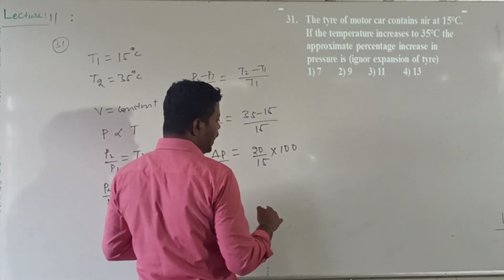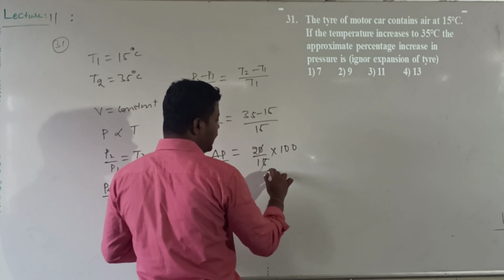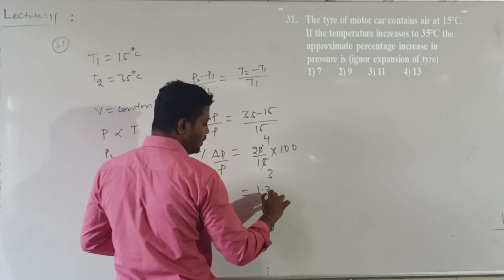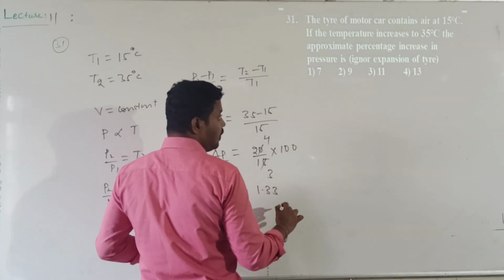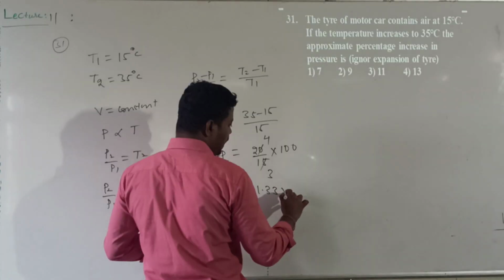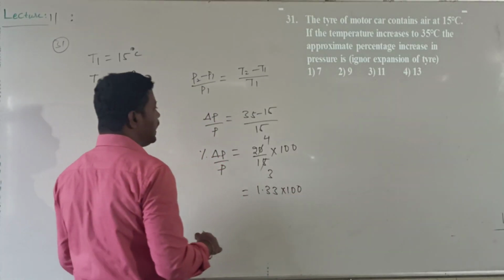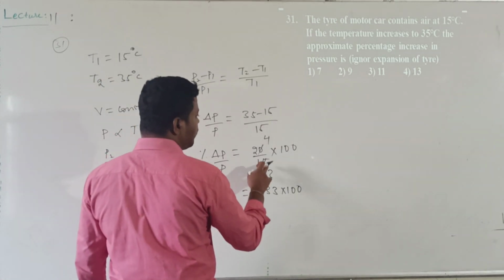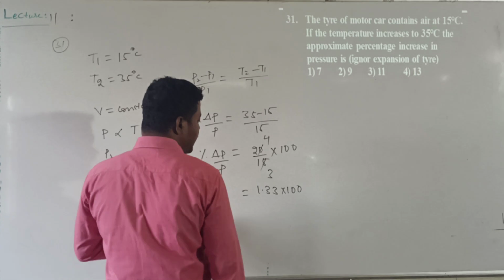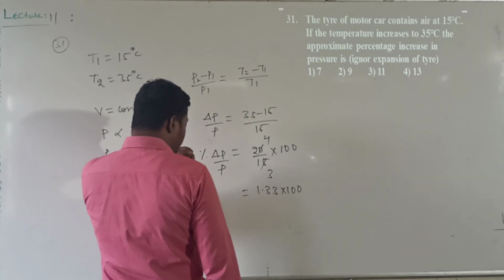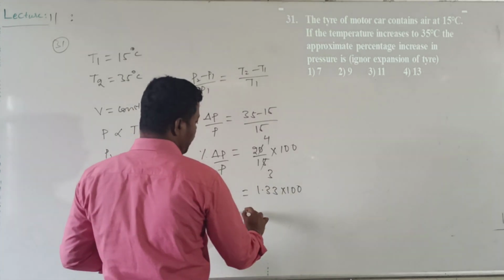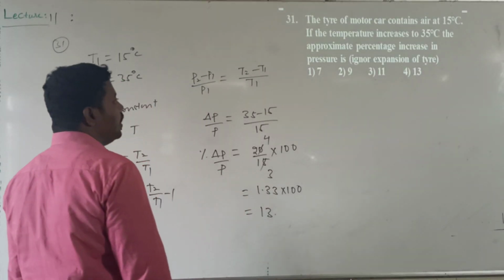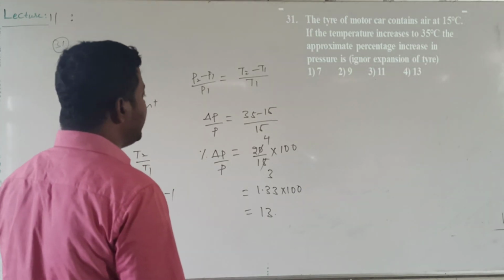So 4 by 3 means 1.33, and 1.33 into 100 gives 13.3. The answer they gave is 13, but we are getting 133.